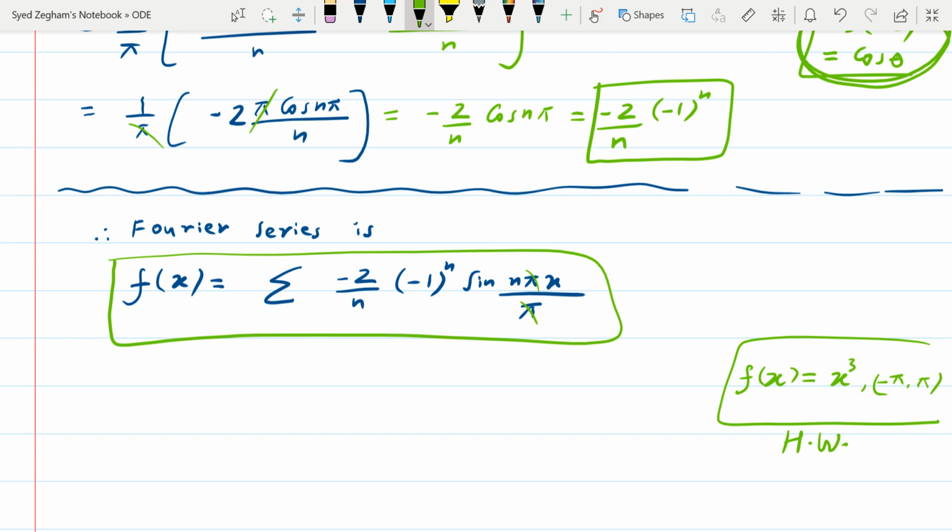Exactly the same steps you can follow. You know f(x) is equal to x power 3 is an odd function, and the interval is also of the type minus pi to plus pi. We are finding the Fourier series of an odd function. It means a naught and an both will be 0. So you can try to find the value of bn, and finally you can write the Fourier series also. So I advise you to try this question at home.